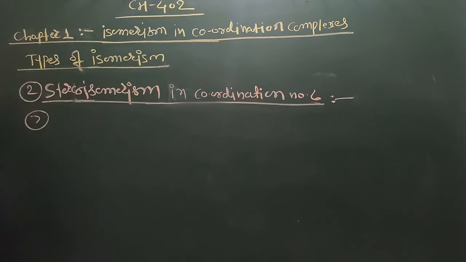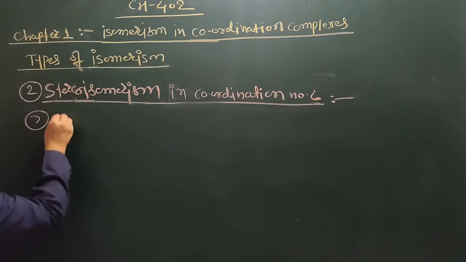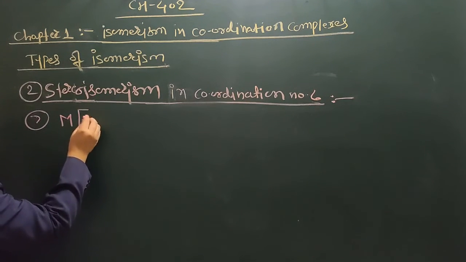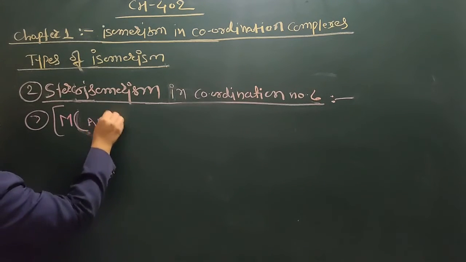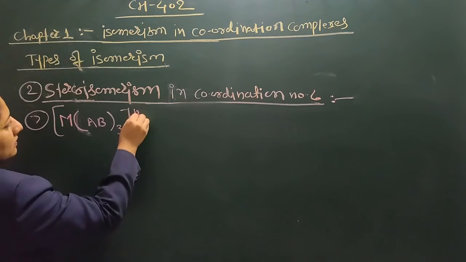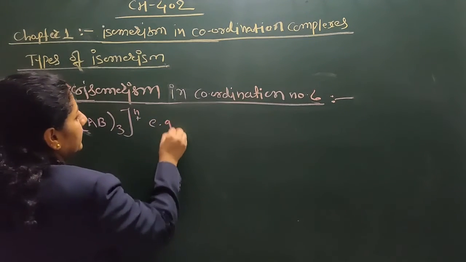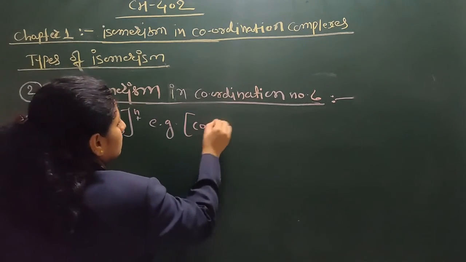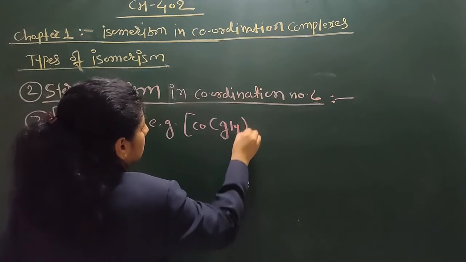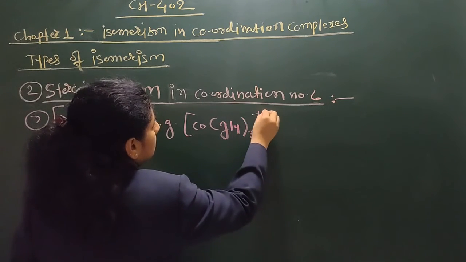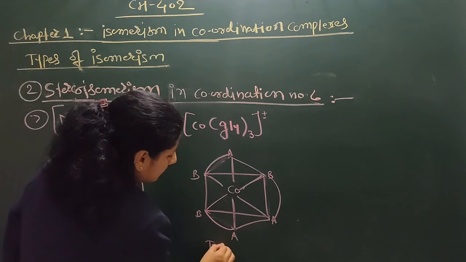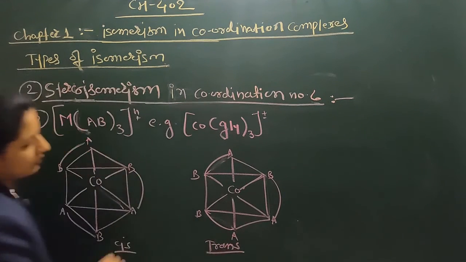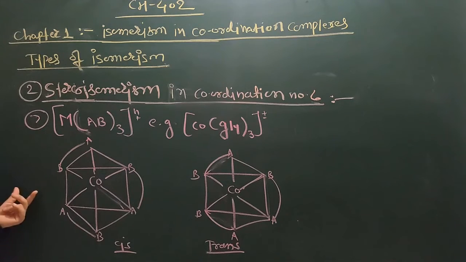Next one, that is, an example of that type, that is, so this is a cis and this is a trans position of each other.